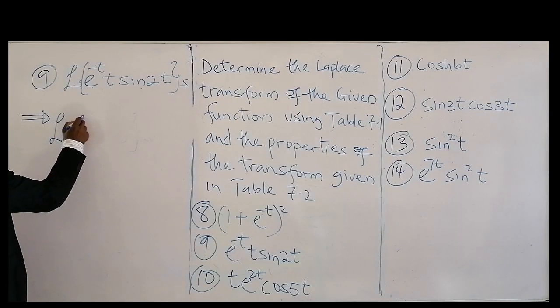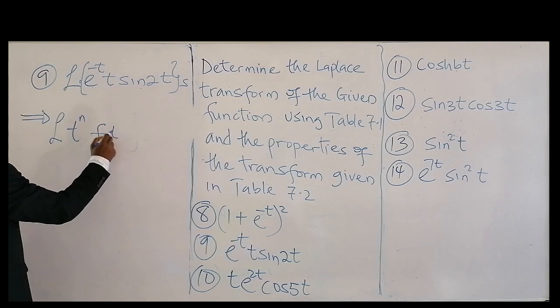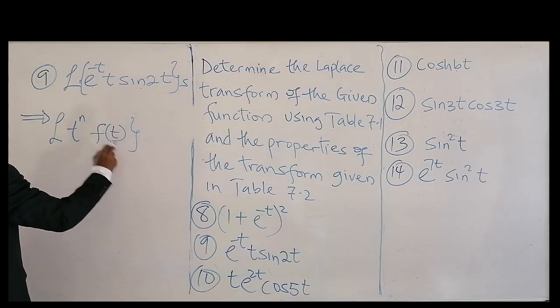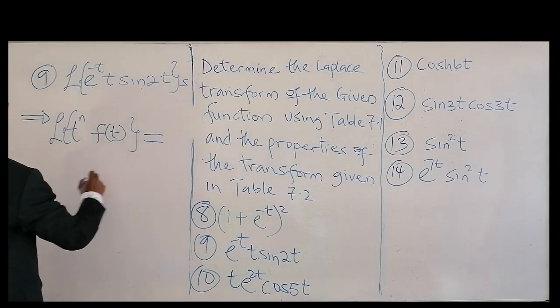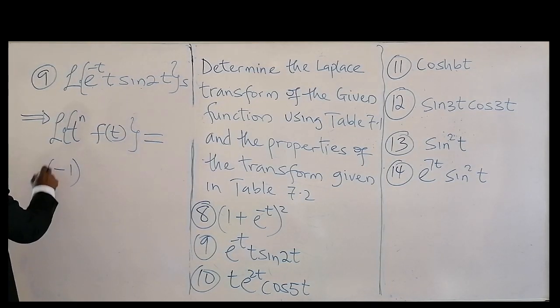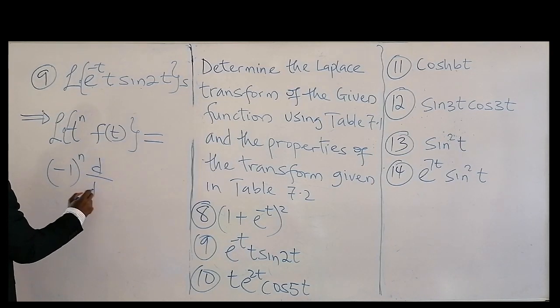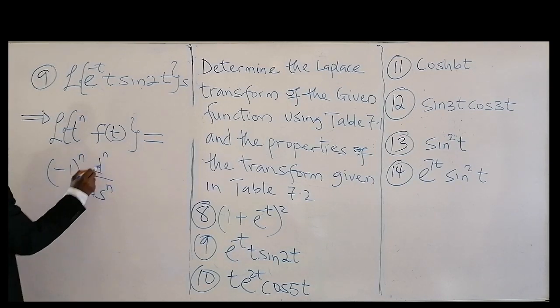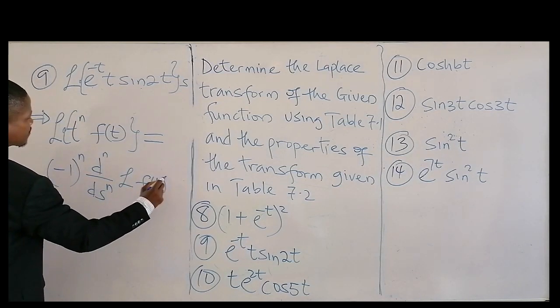The Laplace of t to the power n times f of t, we said is equal to minus 1 to the power n, d to the x n of the Laplace of f of t.